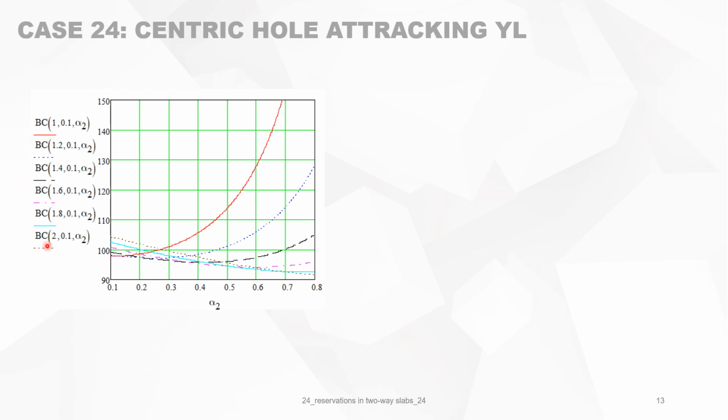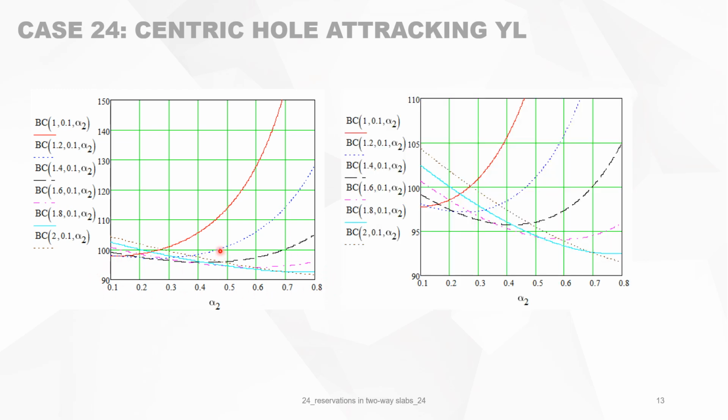This is alpha going from 1 to 2, and alpha 1, because we know now when you have small reservations, it can be annoying. And we draw it in function of alpha 2 from 0.1 to 0.8, and you see now that you have a range when you blow this up. Then you have a range where it is smaller than 100%, and it can go even to a loss of 10%.